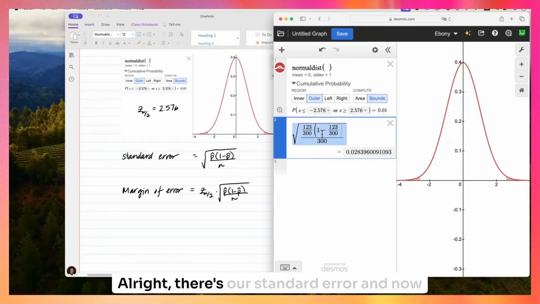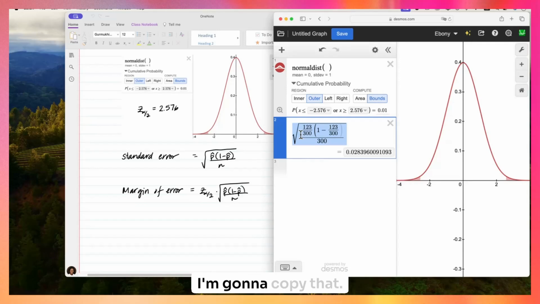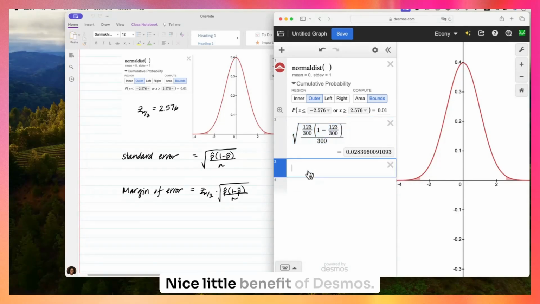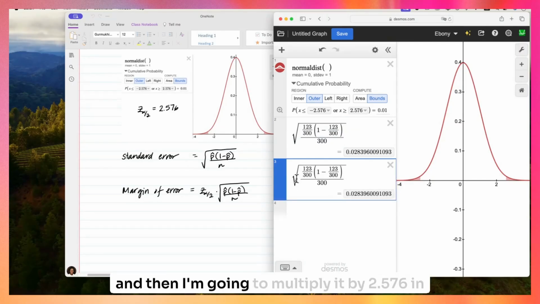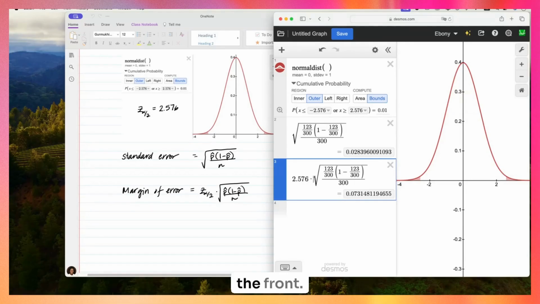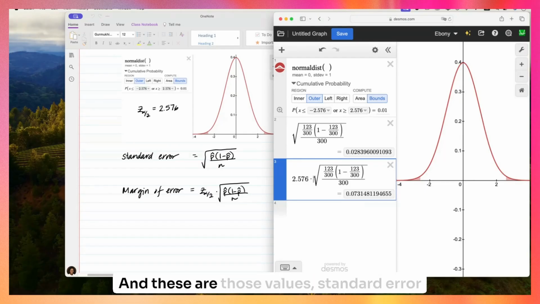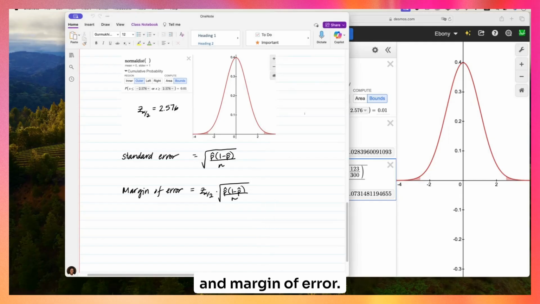All right, there's our standard error. And now I'm going to copy that. Nice little benefit of Desmos. I'm going to paste it, and then I'm going to multiply it by 2.576 in the front. And these are those values, standard error and margin of error.